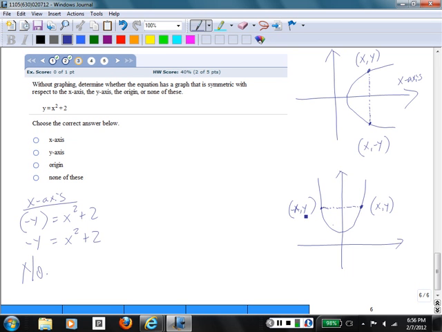So if x, y satisfies the equation, negative x, y has to satisfy the equation. So for the y-axis, substitute negative x for x wherever we see an x, and simplify. This needs to be equivalent to the original equation.